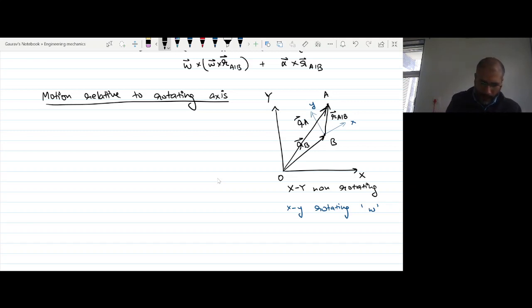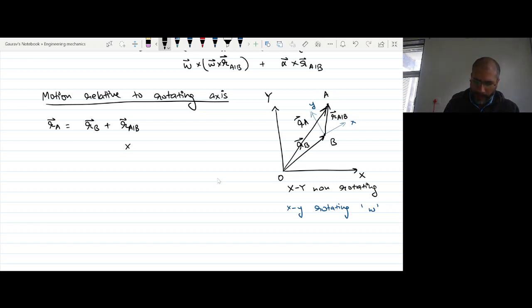So we can write RA as RB plus the relative RA relative to B. In this case, RA relative to B will be measured in the small xy axis.